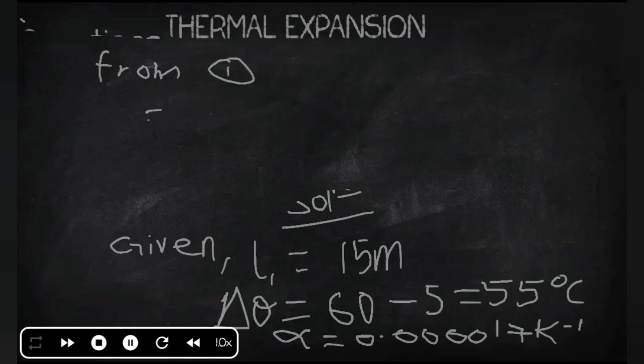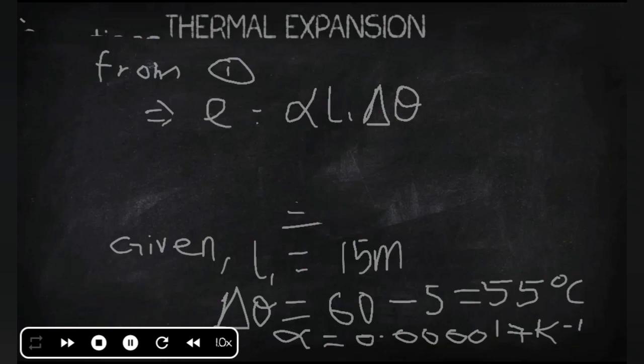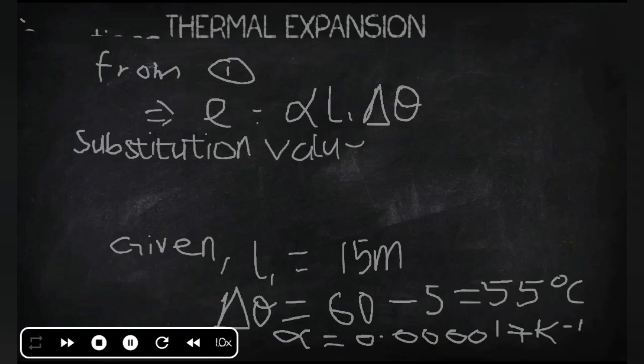From equation 1, we know that E is equal to alpha L1 change in theta. So you have to know these equations. Take note of it. Now we are using equation 1, substituting the values we were given. Substitute alpha, L1 and delta theta into the equation.